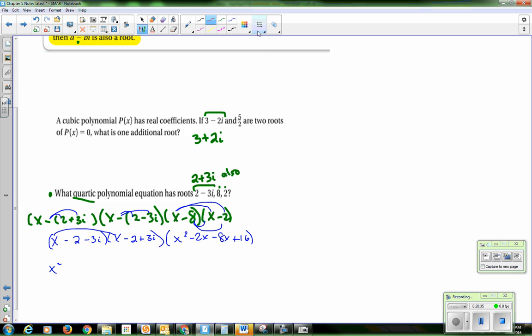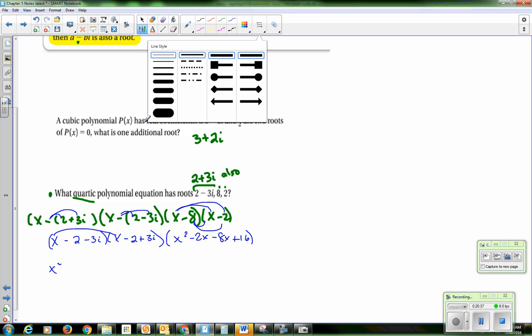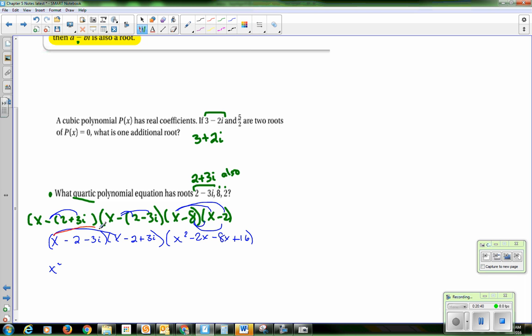Let me get a different color. So x times x is x squared. x times negative 2 is negative 2x. x times 3i is plus 3ix. Then everything's going to get multiplied by negative 2. x times negative 2 is negative 2x. Negative 2 times negative 2 is positive 4.